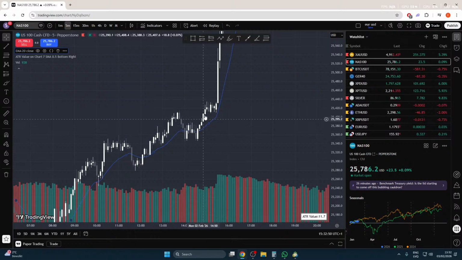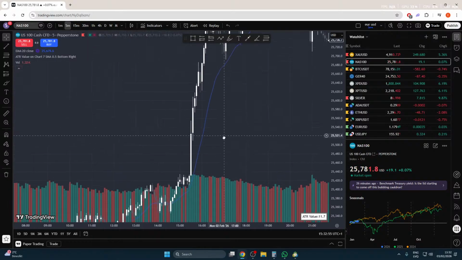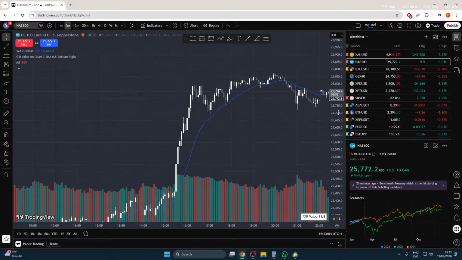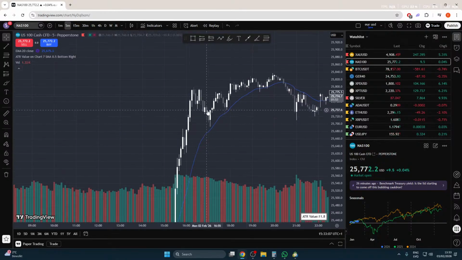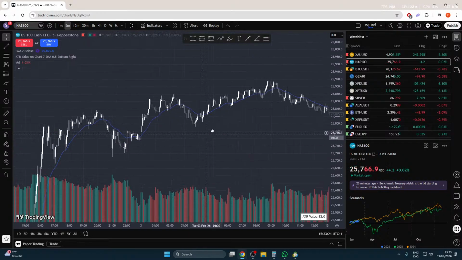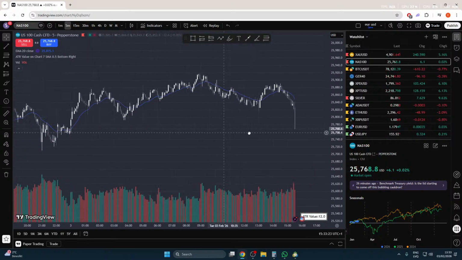Once it broke off here, I put the stop to break even, and here the US session opened, and I took my first profits here, and I added a bit, and then I took my second profits here. Then I opened a position here, got stopped out for break even, and after that I opened another one here, and got stopped out also for break even. Obviously it was nighttime and I didn't trade anymore.